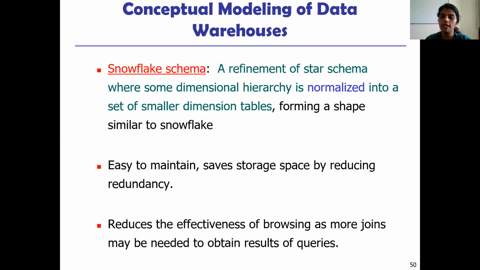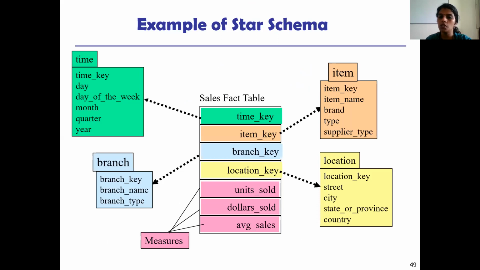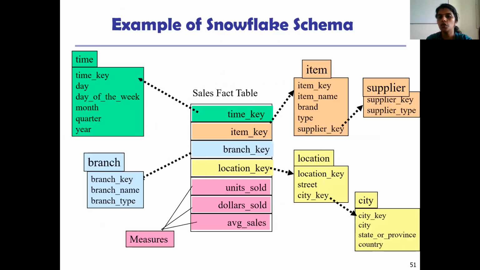If you see the previous figure, there the location dimension table had the attributes like street, city, state, and country. But coming to this, here the location dimension table has only street and a city key. Okay, and the city details are maintained as a separate table. The location dimension table and the city table are connected using the city key. So in the city table, you have the city, state or province and the country. Okay, so this helps to avoid redundancy.